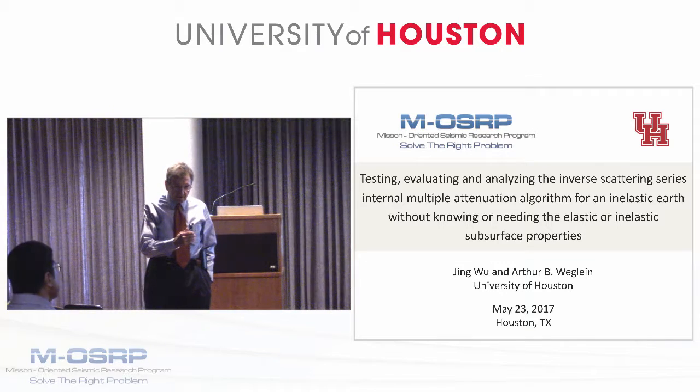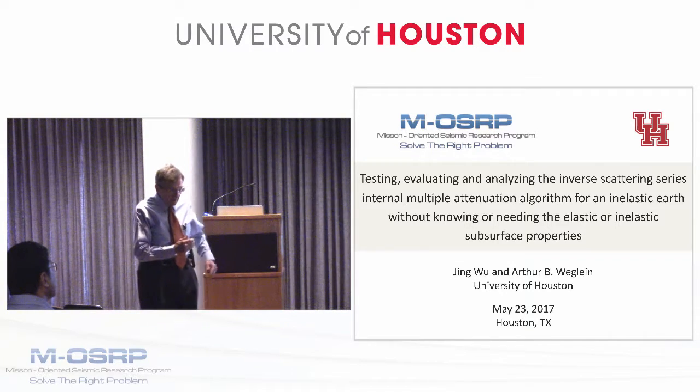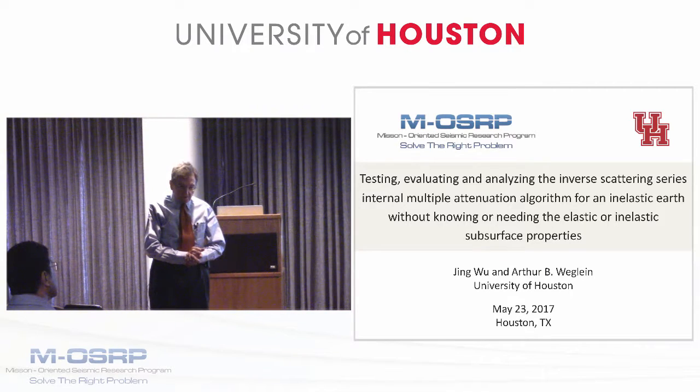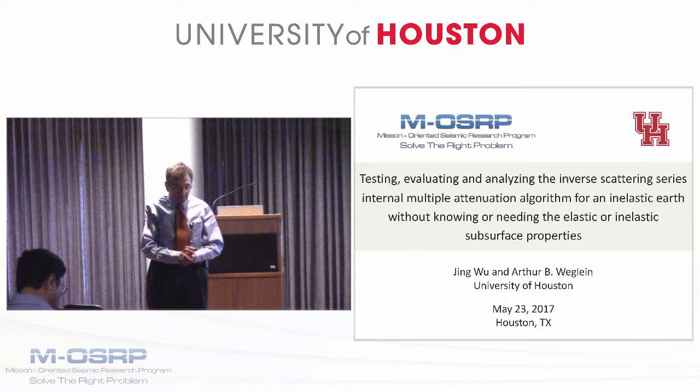Well, that's a tremendous advantage, yes? In other words, someone comes up with the latest version of anisotropy, you think you're going to have to change your internal multiple attenuator. You don't. It couldn't care less about it, okay? That's very fortuitous.